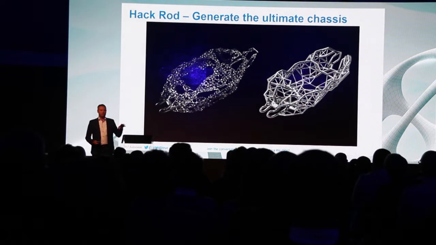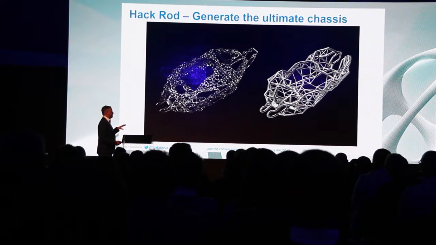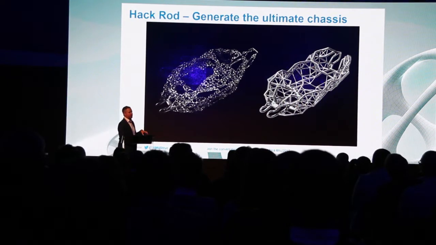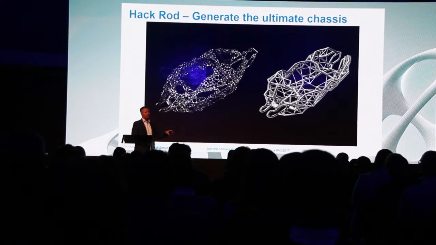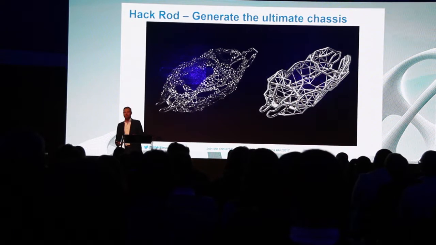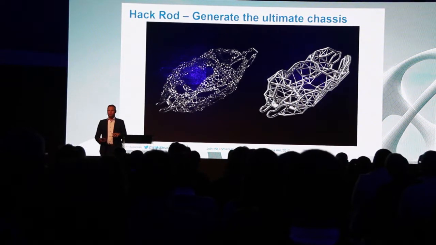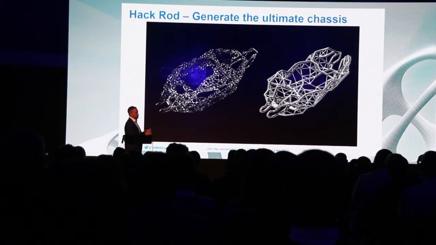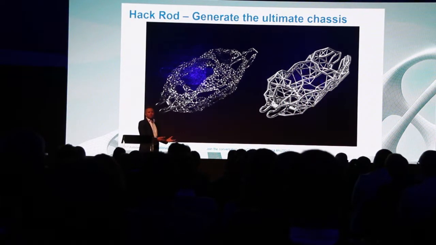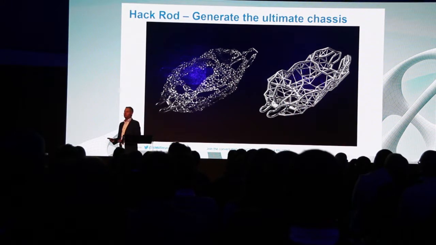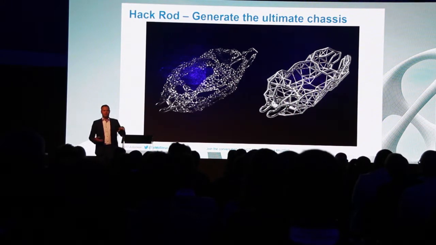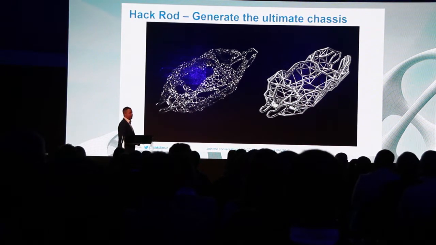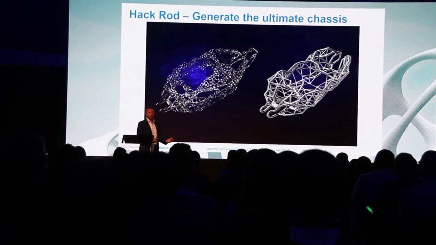With these data points, they made it possible to find the weakest points of that race car and to save material in the parts where we didn't even need material to make it stronger. So they generated a car which was much better than the original one, because it was lighter but still had the same strength as the original car, plus it could stay on the road and have even better performance than the original car.